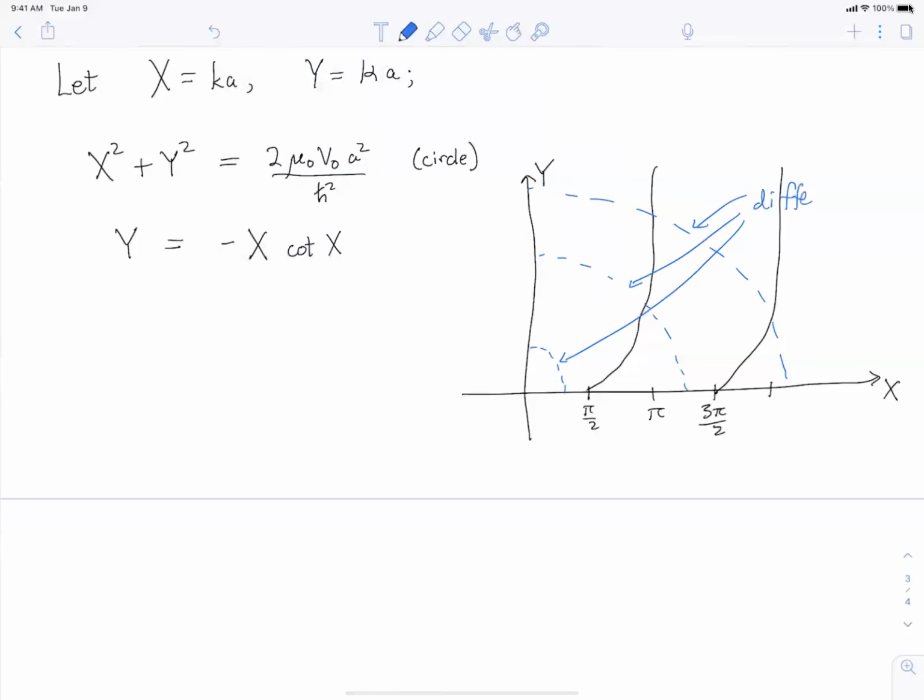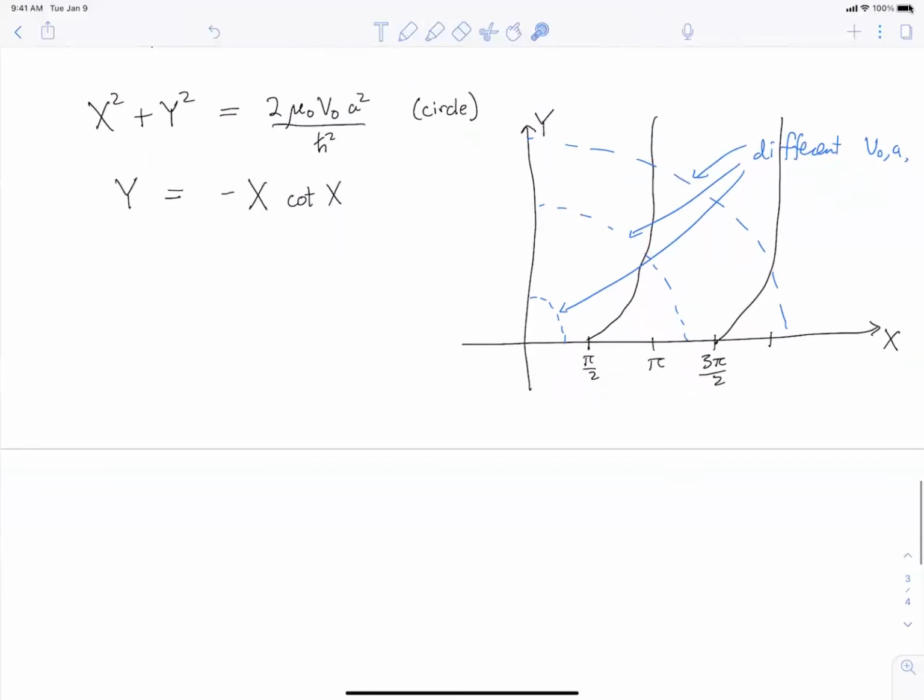So depending on what the V0 value is, actually V0 and a, you get a different radius of the circle, and then you look for where are the intersections of these two curves, and wherever there's an intersection, that gives you a solution. Okay, and so we've already actually done this numerically, at least in a few cases.